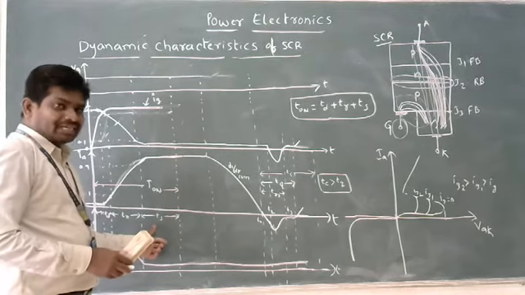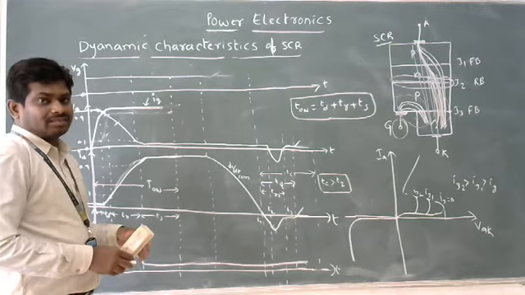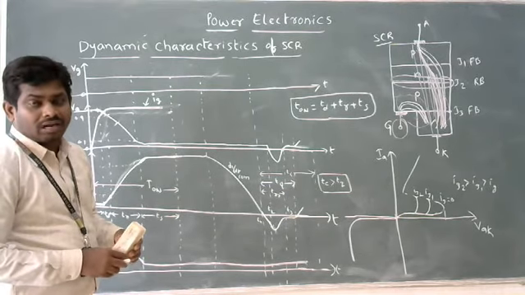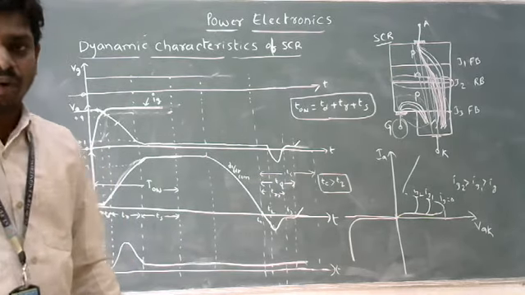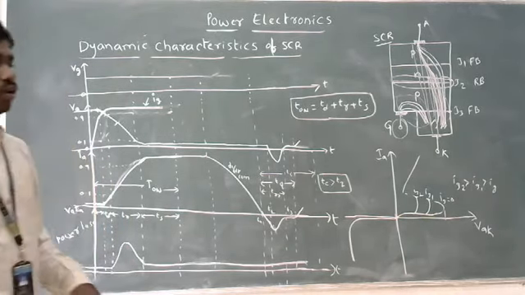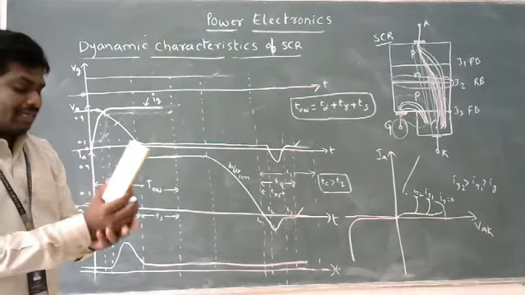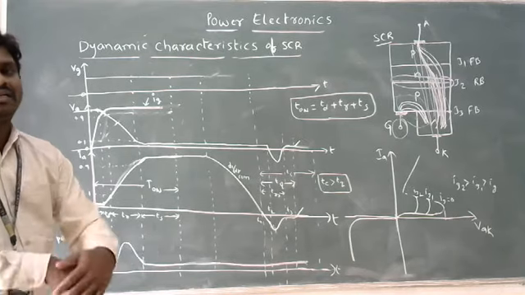After spreading, meaning allowing the current through the device, our device comes to the on state from its forward blocking mode. That is how we can define the turn on time.